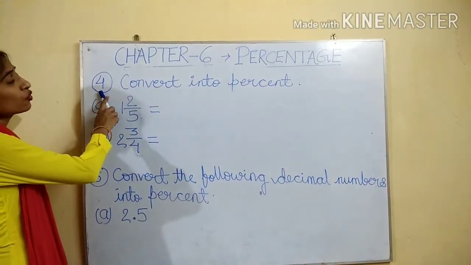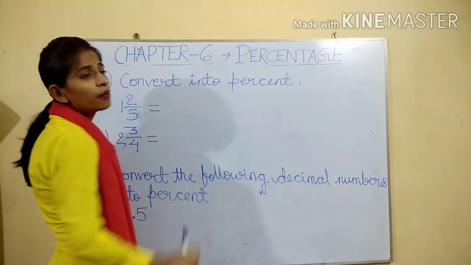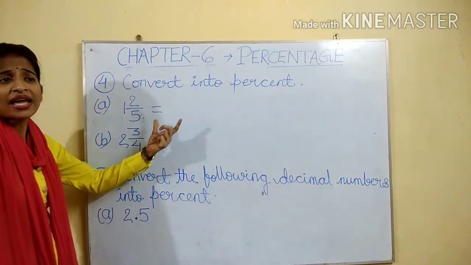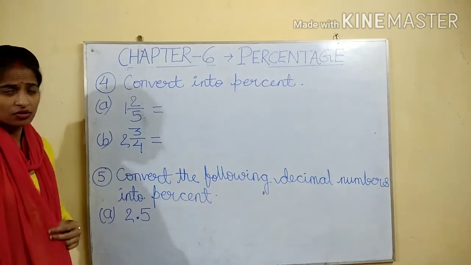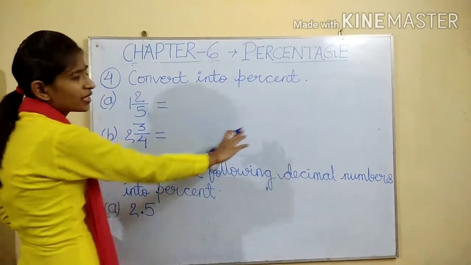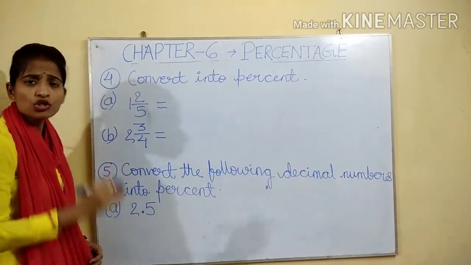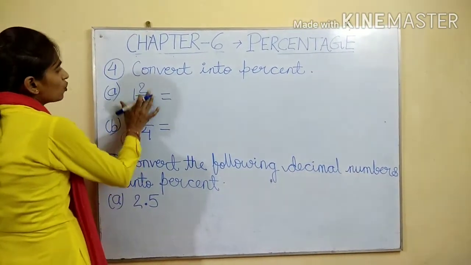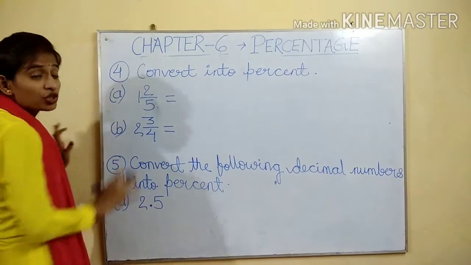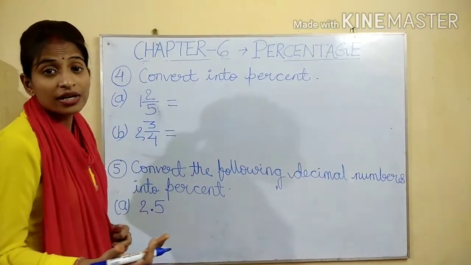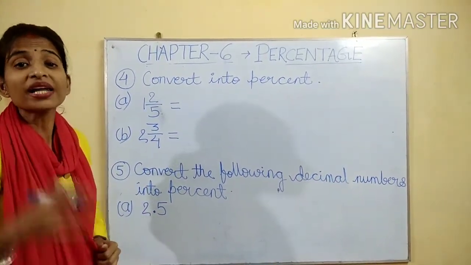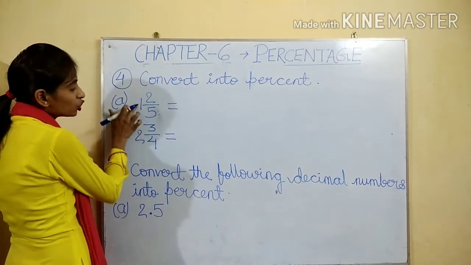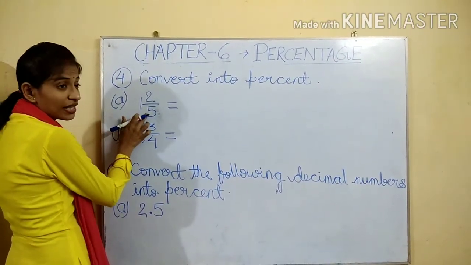Question number 4. Convert into percent. Here we can use either of the two methods. In the question it is not mentioned which method we have to use, so we can do it by any one method. This one is given in mixed form, so first we will convert it into an improper fraction. 5 into 1, these two numbers are multiplied, 5.